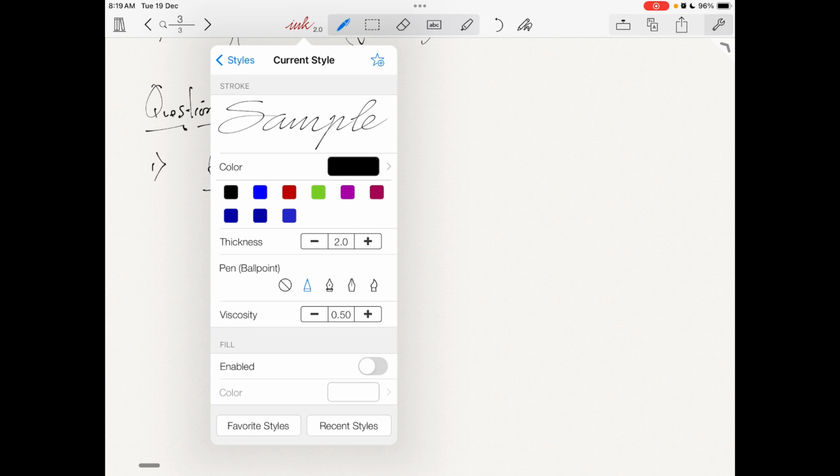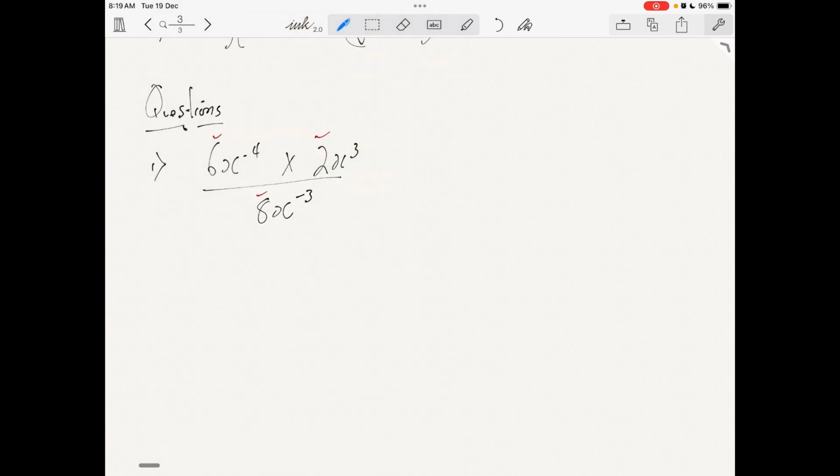Then after working with the coefficients, we can now talk about the bases and their respective exponents or powers. So let's try and bring them together. So we have 6 multiplied by 2 divided by 8. Now we want to multiply with x raised to the power minus 4 multiplied by x raised to the power 3 and everything divided by x raised to the power minus 3.